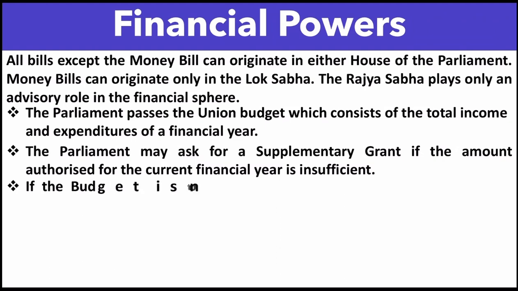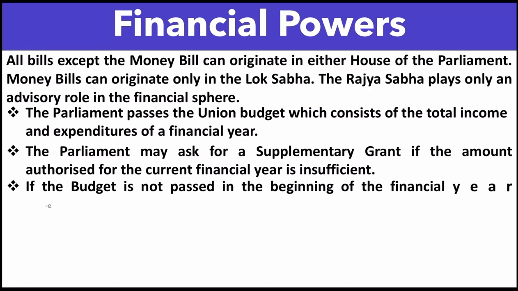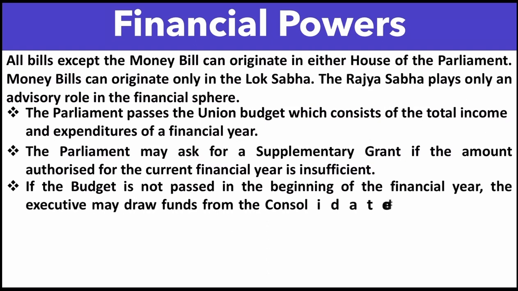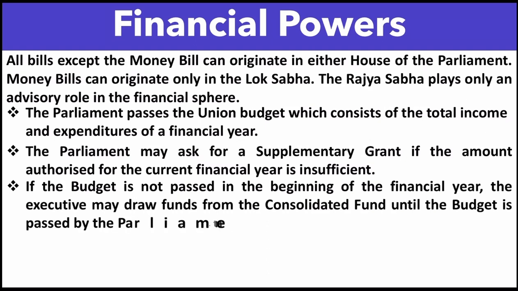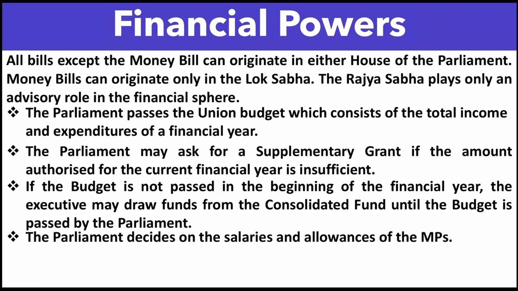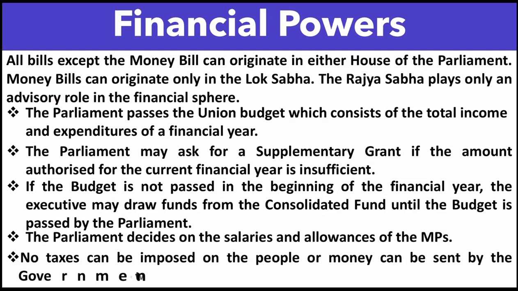On the other hand, if the budget is not passed at the beginning of the financial year, the executive may draw funds from the consolidated fund until the budget is passed by the parliament. The parliament decides on the salaries and allowances of MPs. No tax can be imposed on the people of India, or money spent by the government, without the approval of parliament.